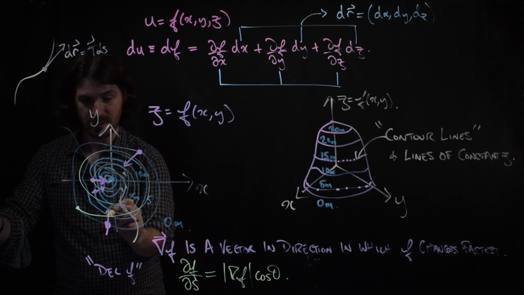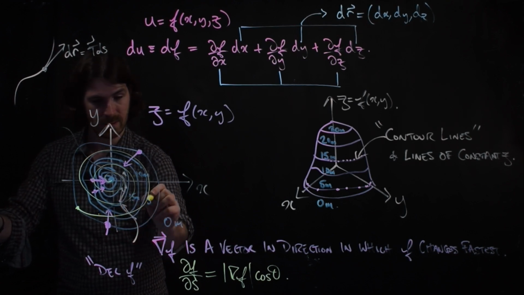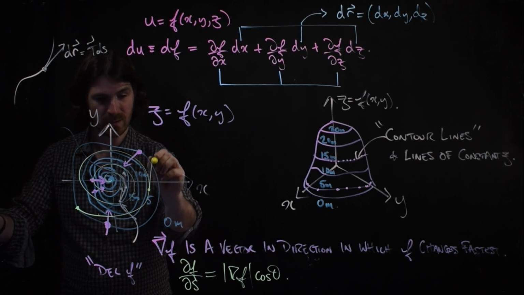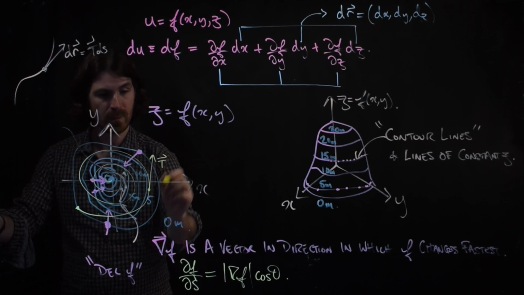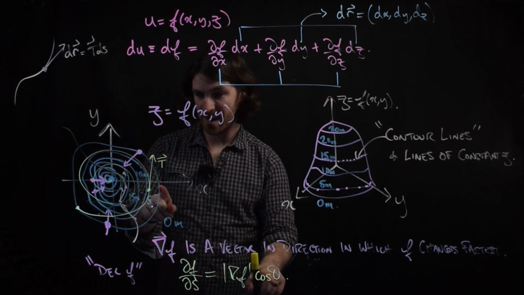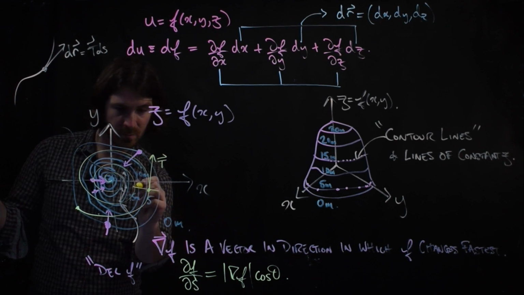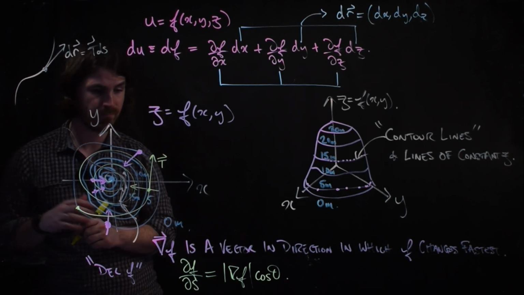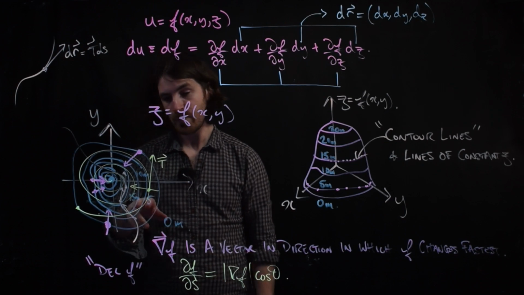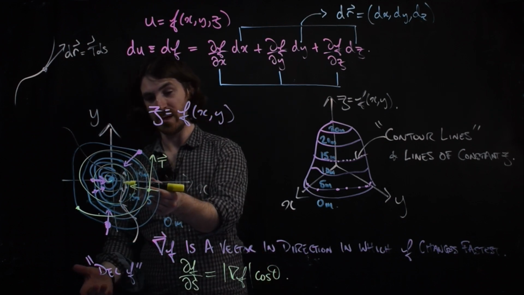So let's say at this point our tangent's this way. At this point the gradient is like this. You see here that the tangent and the gradient are almost perpendicular.